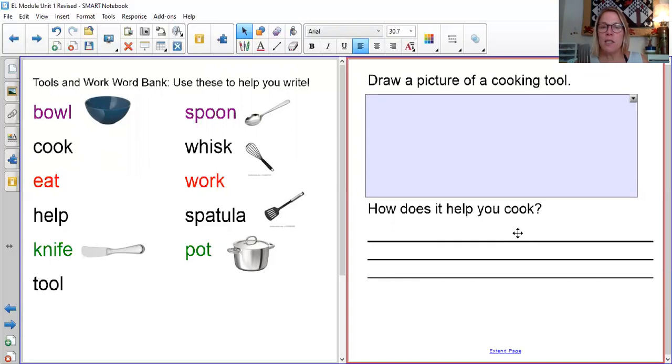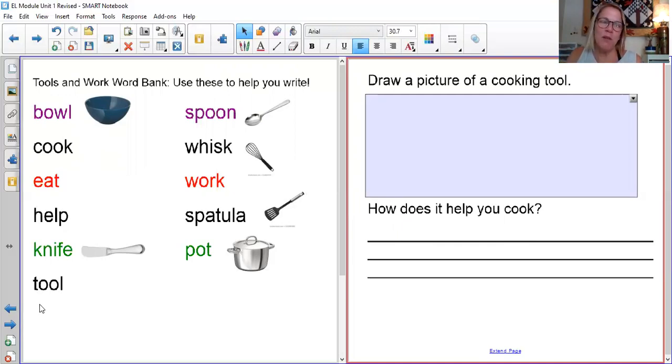And then I would label it spatula using my word bank over here to spell it correctly. And if I'm in first grade or want to be challenged, I would go ahead and say a spatula helps you flip the food. So those are 2 examples that you can use, but you can choose any tool in your own kitchen if your parent gives you permission to use that tool. So you want to make sure it's a safe tool.